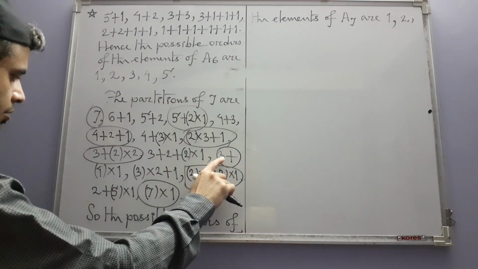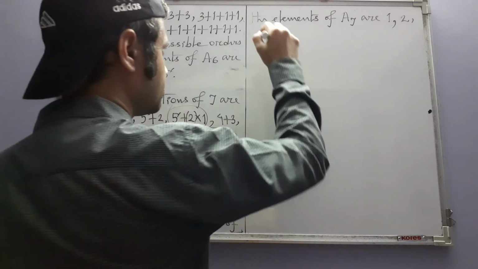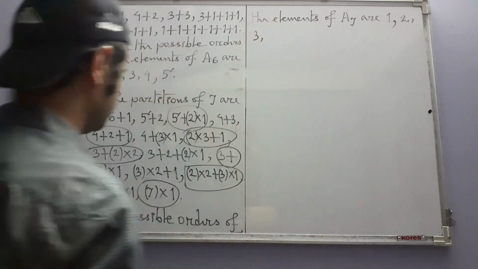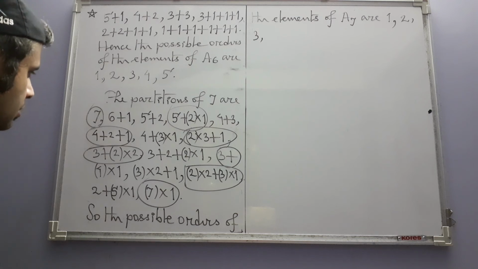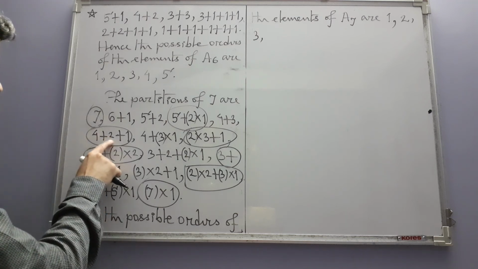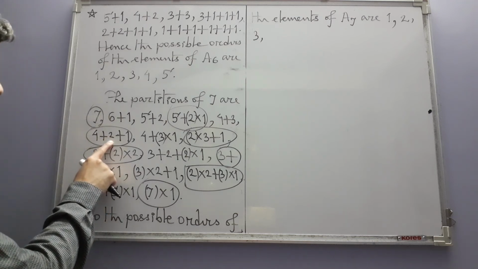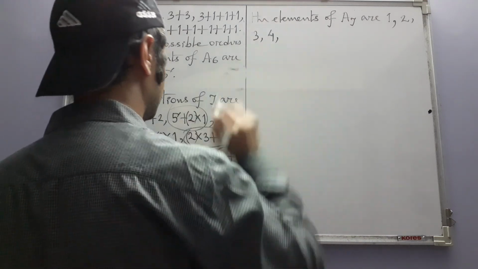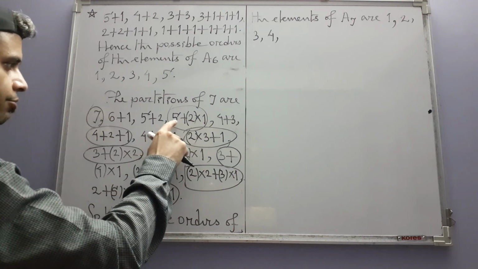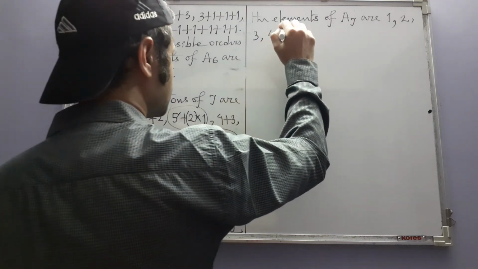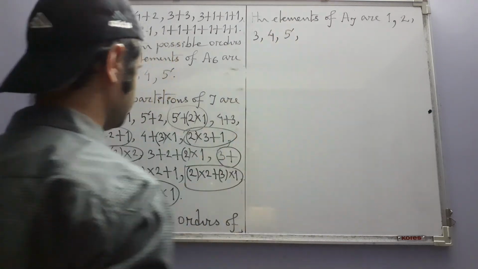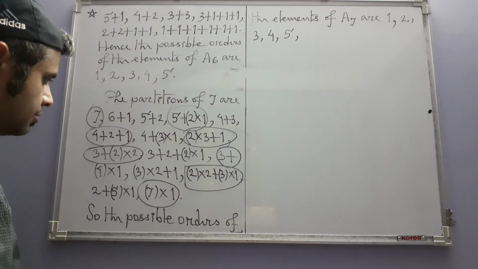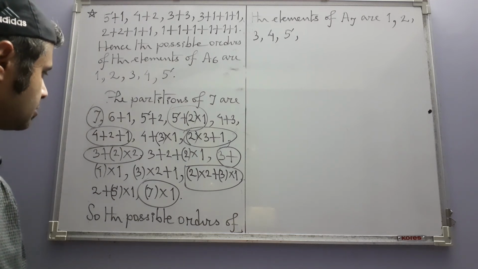Yes, 3 and 4 ones. So we have 3. And what about 4? We have 4 and 2 here. LCM of 4 and 2 and 1, if you want to consider that also, is 4. Then 5 and 2 ones give us 5. What else? 6.